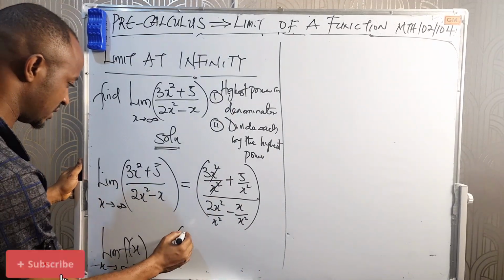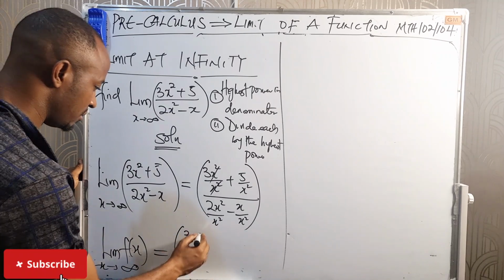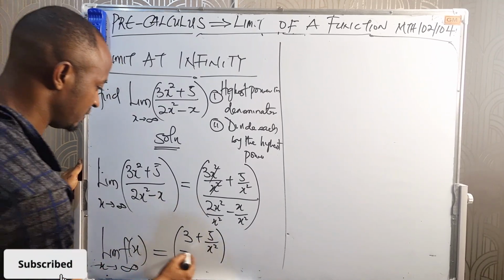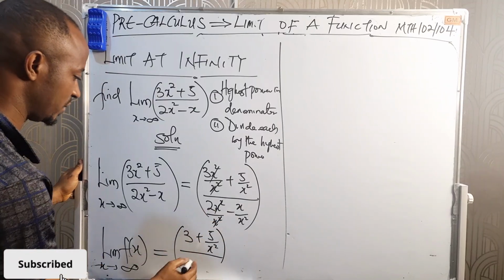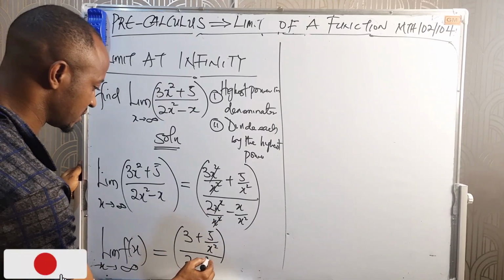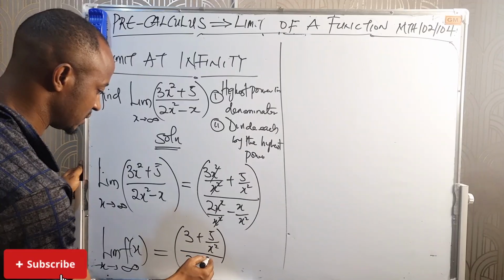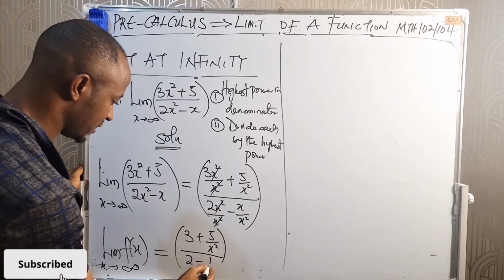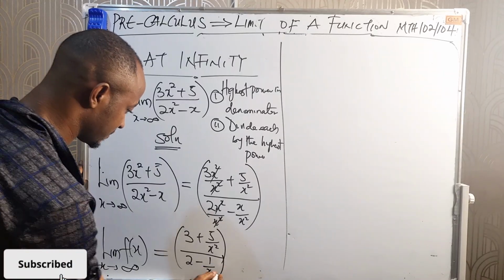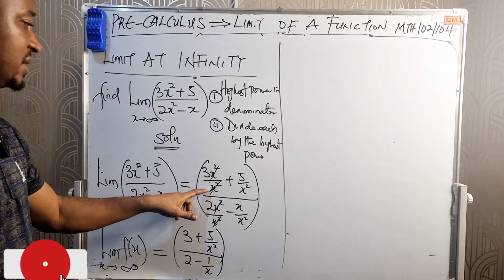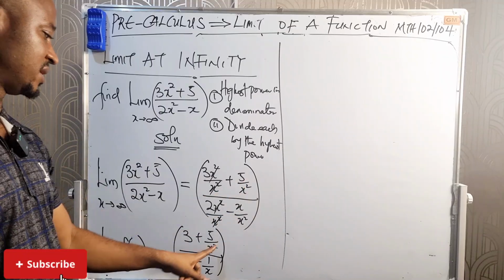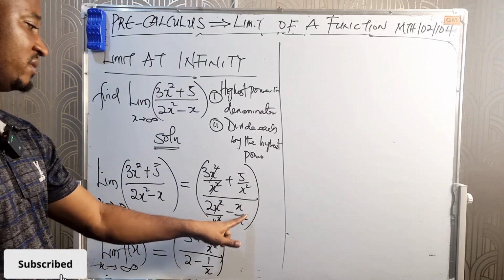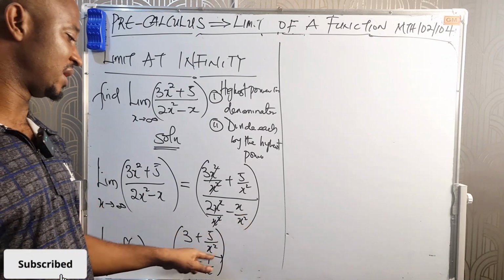We are left with 3 plus 5 over x squared, divided by 2 minus 1 over x. When you cancel out this x squared, we are left with 3. This remains 5 over x squared. x squared cancels x squared, this remains 2. x over x squared, one x will cancel one x, and we are left with 1 over x.